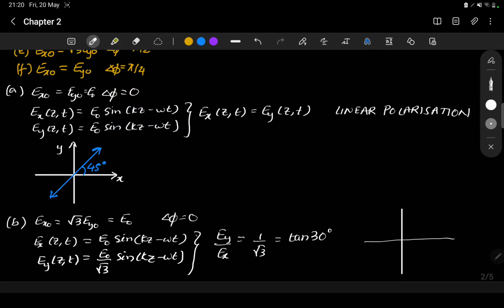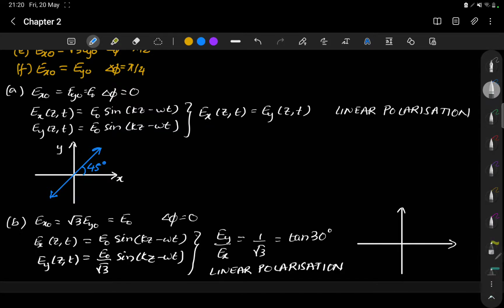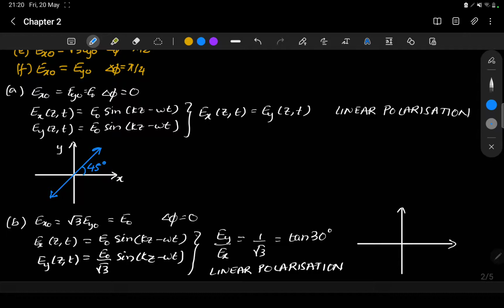If we are to draw the polarization in the xy plane, this is again linear polarization, by the way. But this case is a little bit different from the previous case in that the angle made with the x-axis will be different. This time it will make 30 degrees instead of 45 degrees. So this angle is 30 degrees.